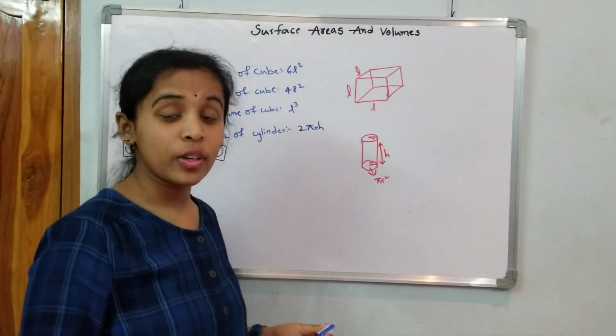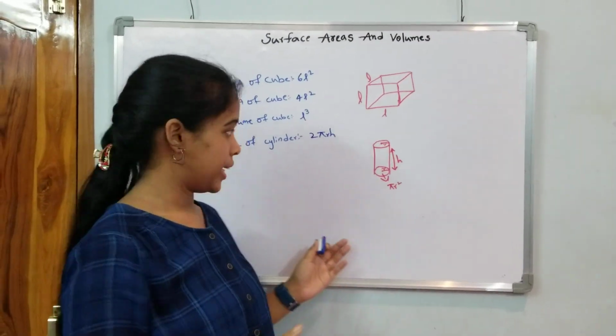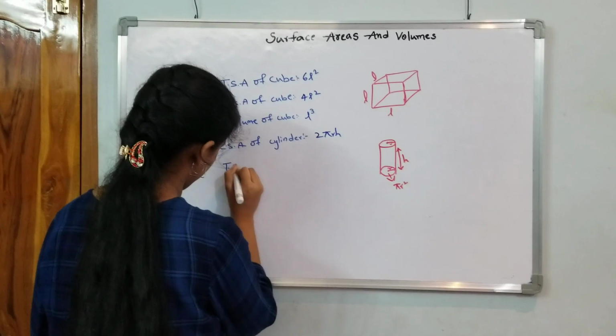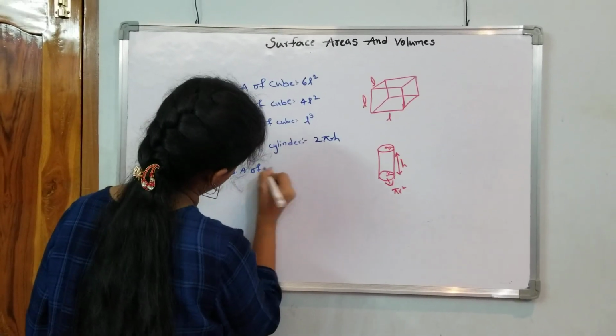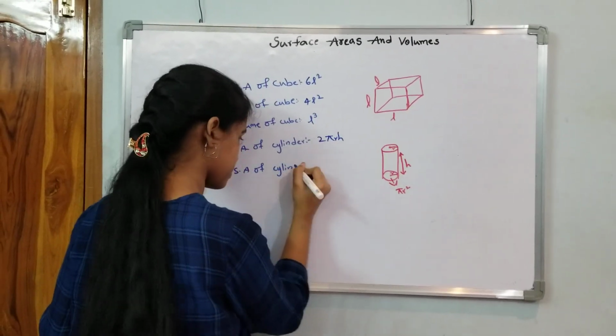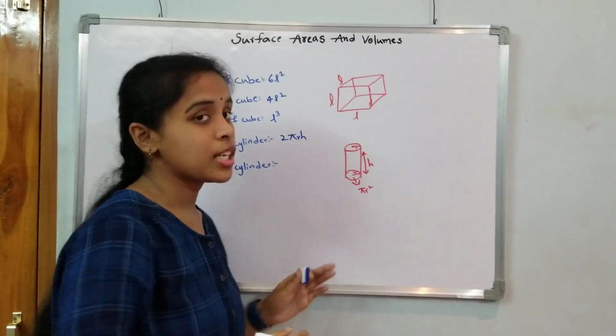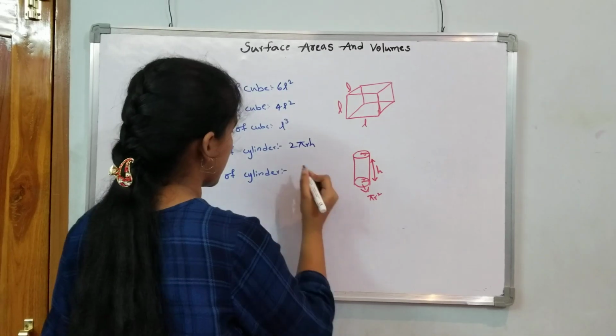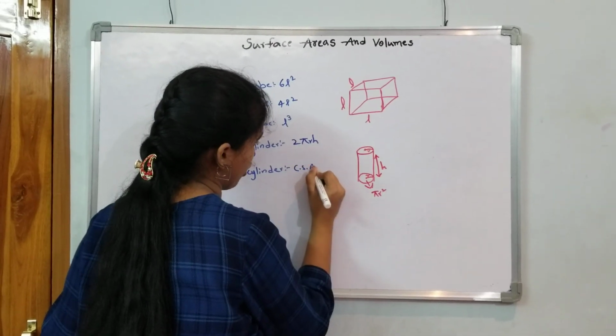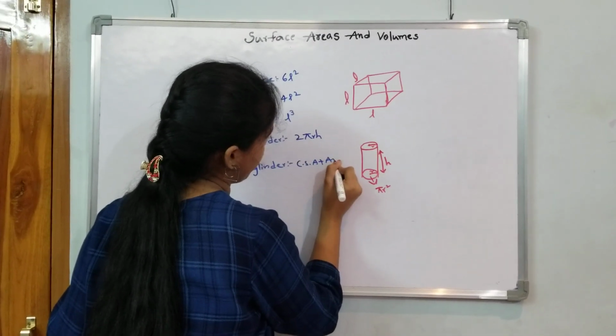So let's find out the total surface area of cylinder. What is the total surface area of cylinder? Curved surface area of cylinder plus area of 2 circles.